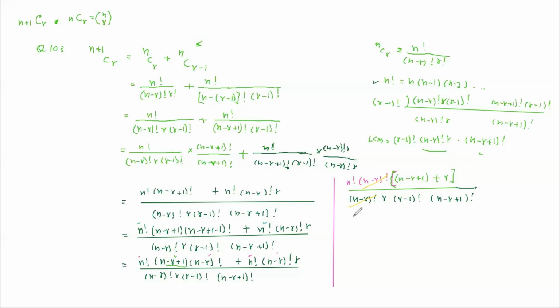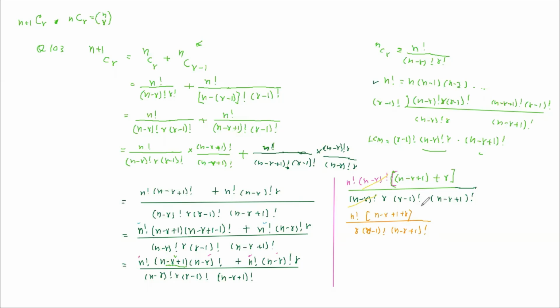Okay, so we simplify the next one. We are left with n factorial here. And then in the bracket here, we have what? n minus r plus 1 plus r, over, see the bottom we are left with r, right? And this one (r minus 1) factorial. And this one (n minus r plus 1) factorial.